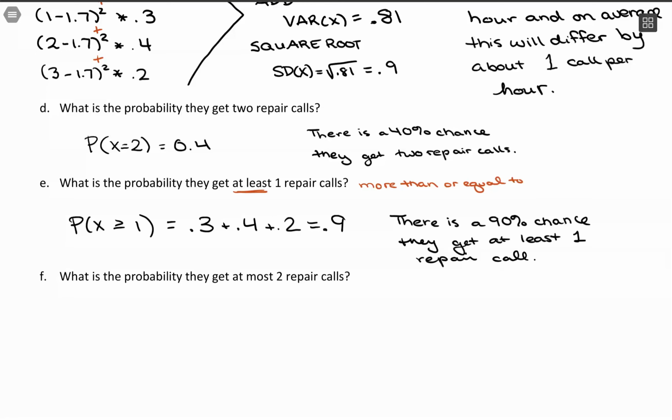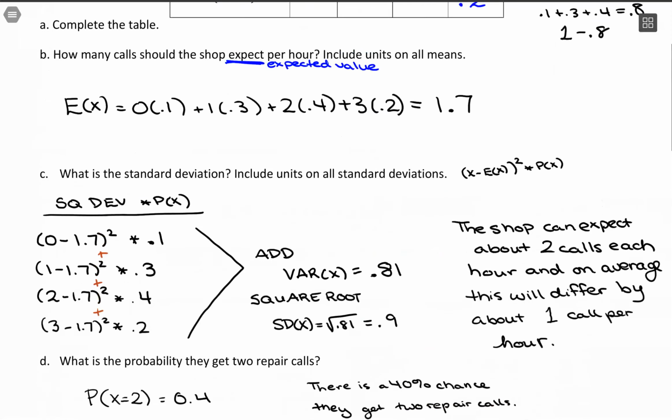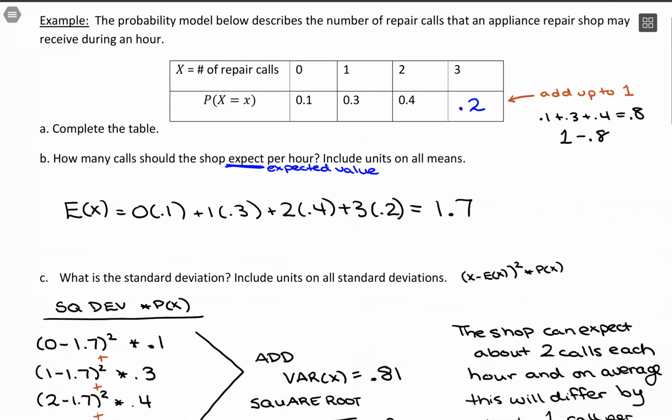And then our last one here, what's the probability they get at most 2 repair calls? This is the same as less than or equal to, since they're telling us the largest value. So with this, we want to look at the probability of x being less than or equal to 2. On our table, we want to include 2, and then have everything below.